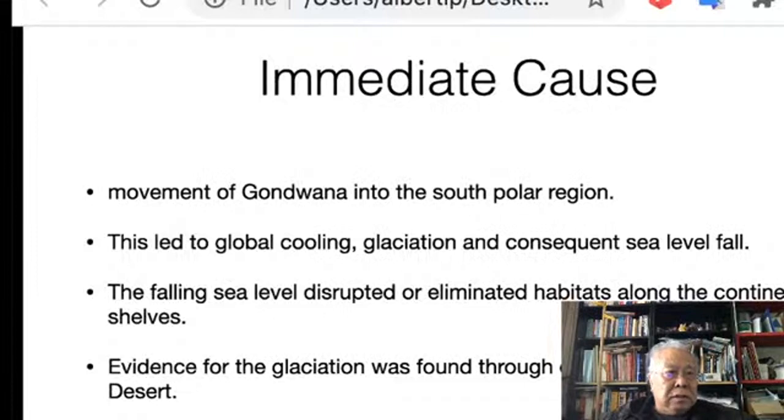So again, there is glaciation evidence. But this is not as big as the snowball world we talked about last time. There was a lot of glaciation, and therefore a lot of animals could not survive in the cold and died. And plants as well.